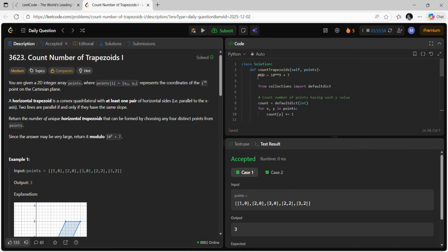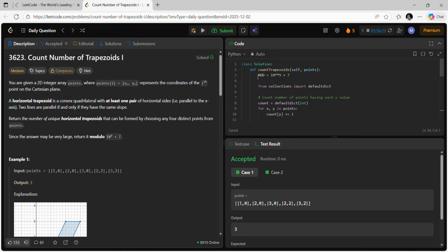In line number 3, mod is equal to 10 to the power 9 plus 7, since the result can be huge, so we always apply modulo. In line number 5, from collections import defaultdict, we import defaultdict so we can store the count of points for each y level easily.